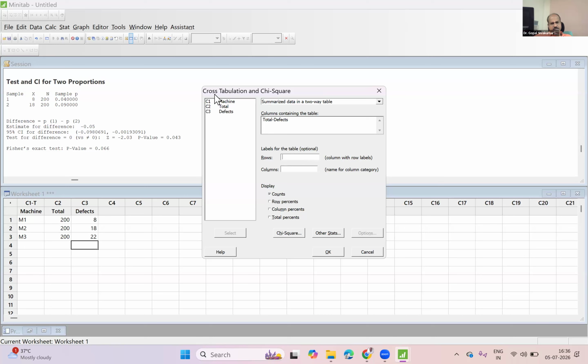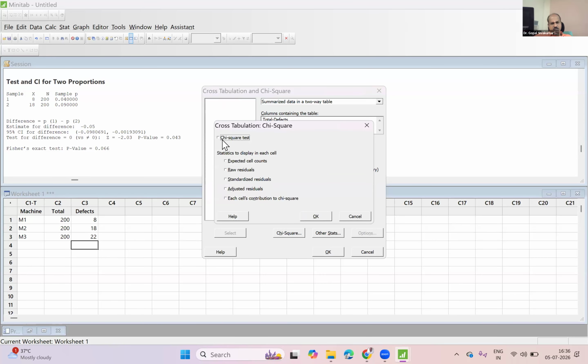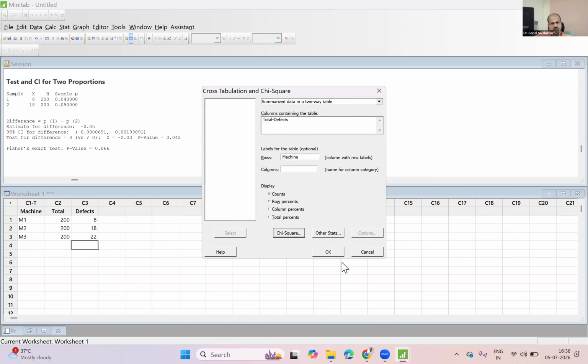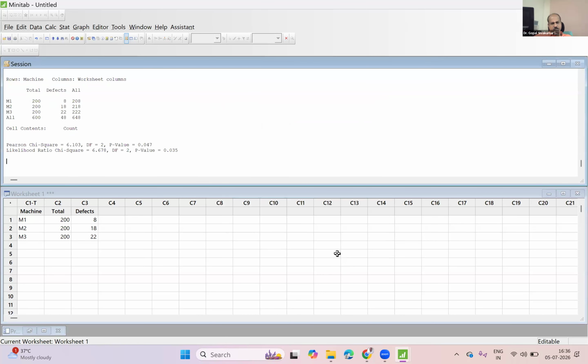And the heading is machine. Chi-square test. Enable chi-square test. Give OK. Now you see 208.